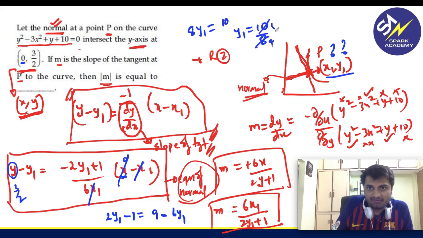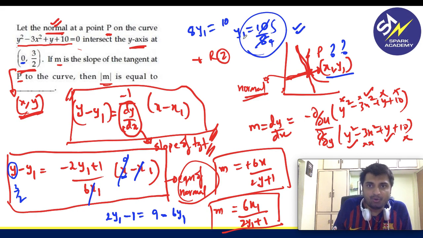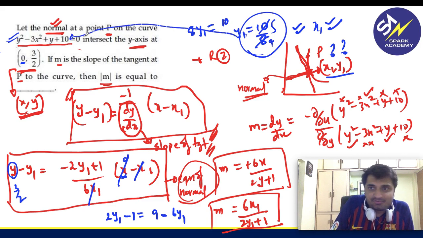Something of that sort we are getting. So we already know y1, I have got my y1 point, guys. This is the point of contact, right? If we put y1 here, I will also get x1. I have to substitute this in the curve because this is the common point of contact. It lies on the curve as well as on the tangent and normal.